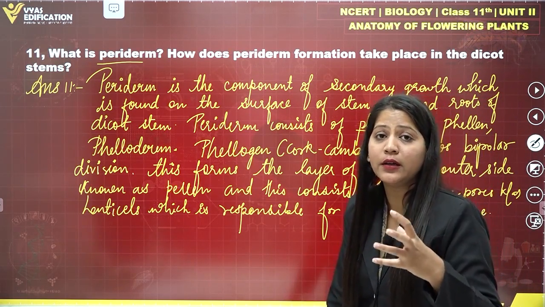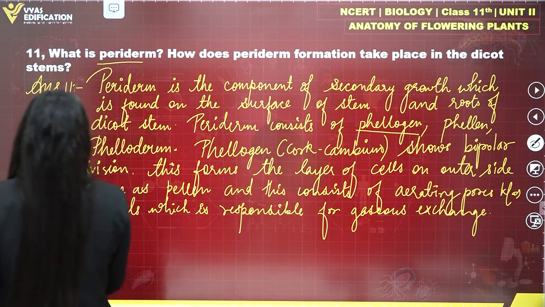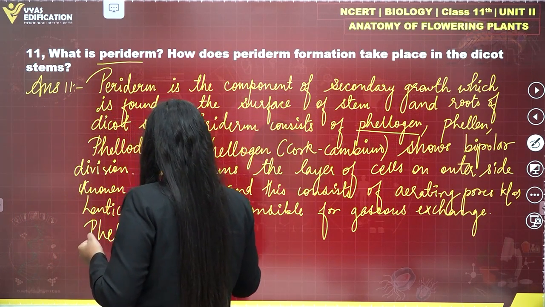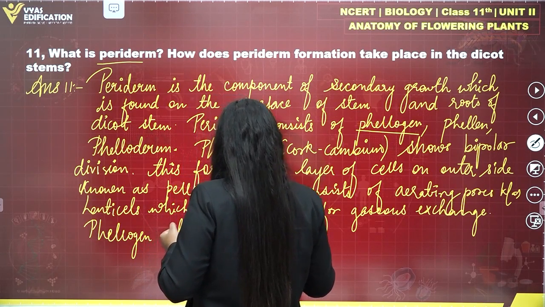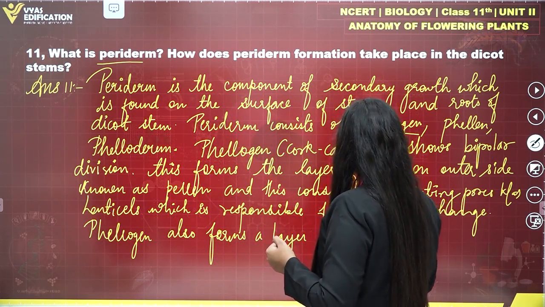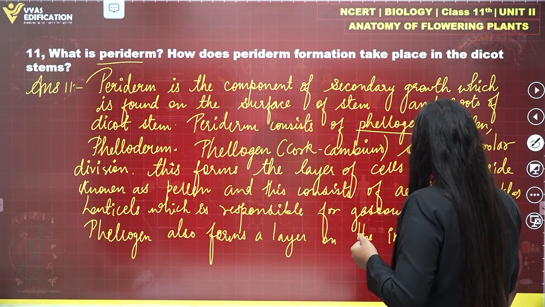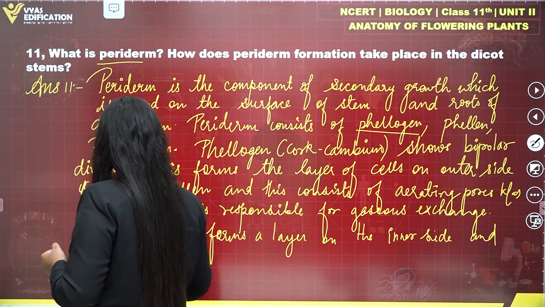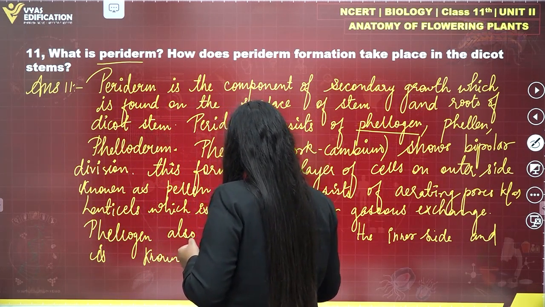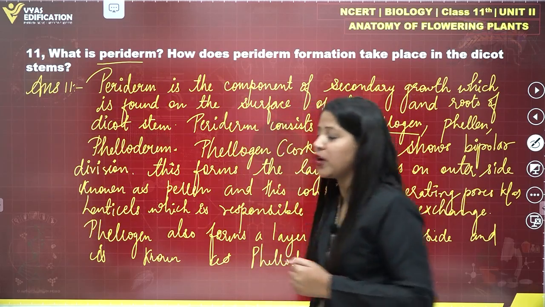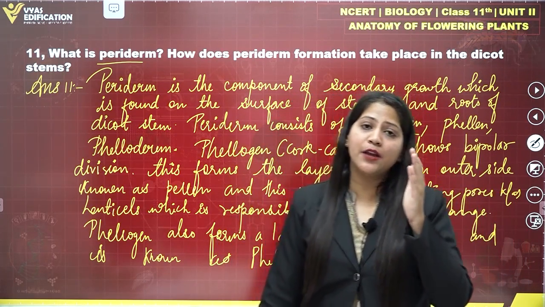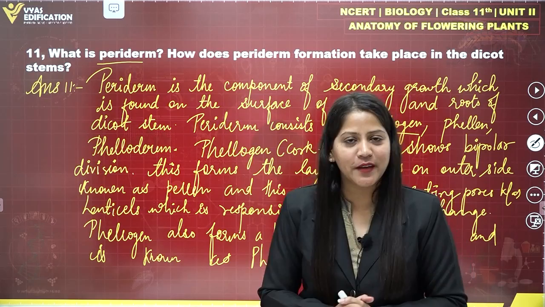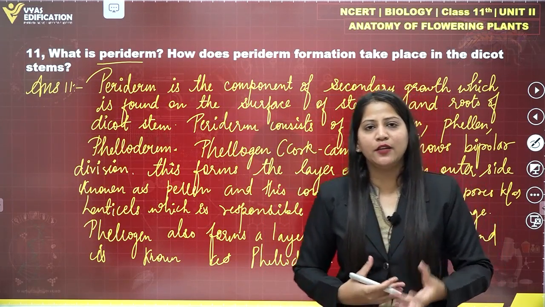Phellogen also forms a layer on the inner side, which is known as phelloderm. So phelloderm, phellem and phellogen together constitute a new layer known as periderm, which is a component of secondary growth in dicot stems and roots.